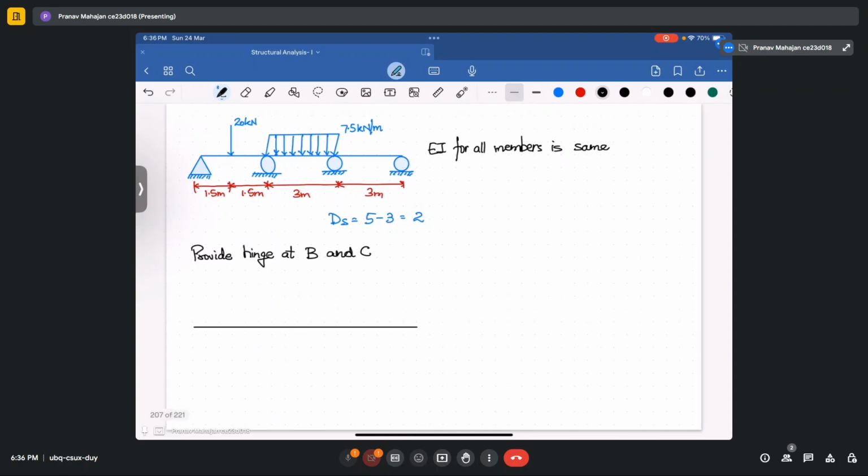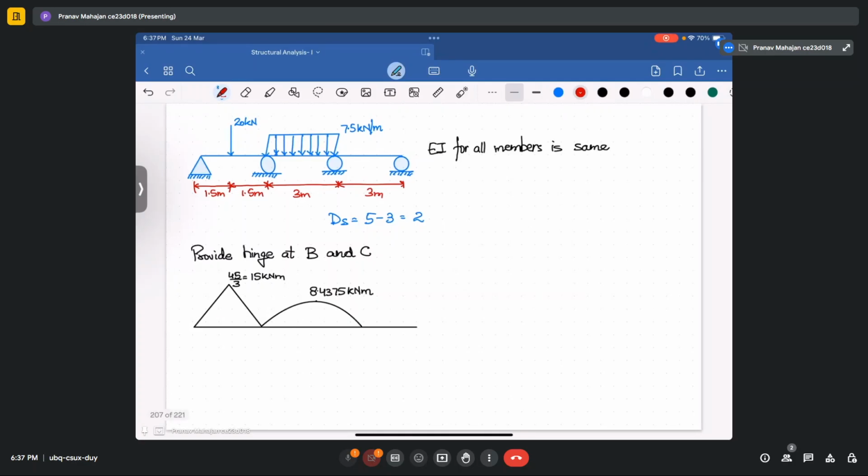So now we will be having this point load. Due to this point load, we will be having the triangular bending moment, and due to this UDL, we will be having the parabolic bending moment. Their values will be 45 upon 3, that is 15 kilonewton meter, and here the maximum value will be due to WL square upon 8, and it will be 8.4375 kilonewton meter.